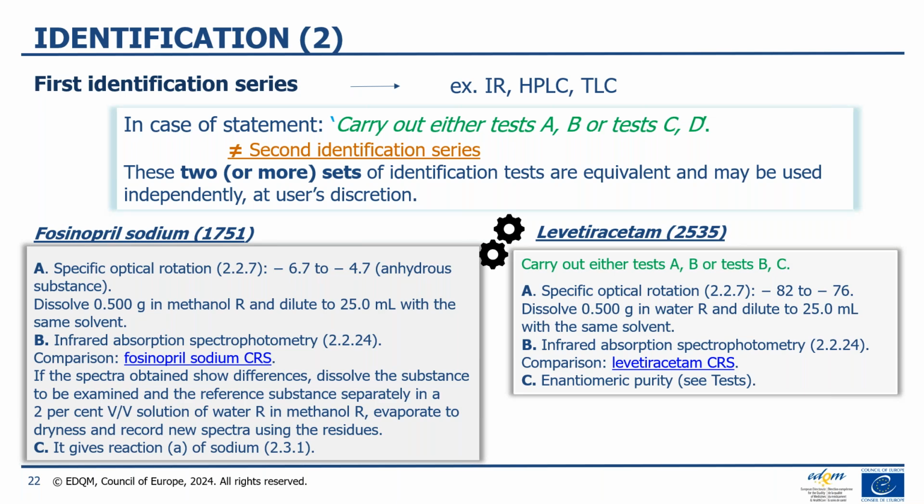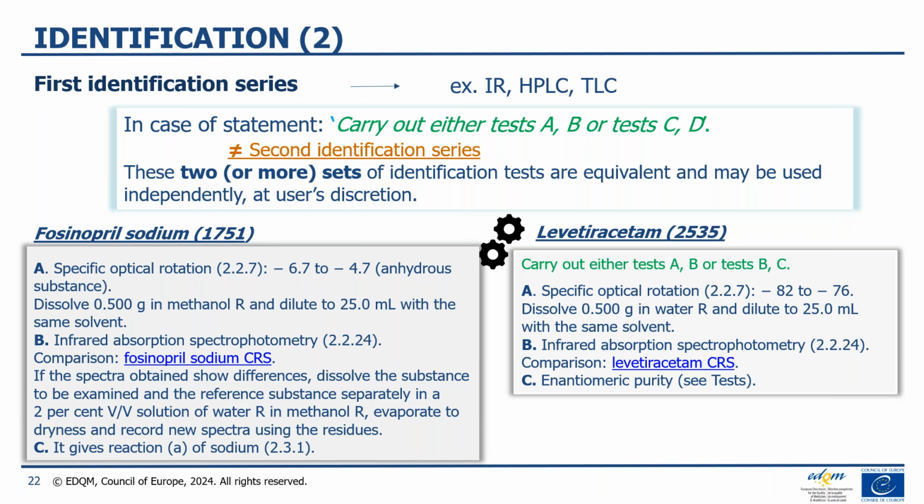It contains tests such as infrared, HPLC or TLC. In some monographs, you may find the statement: carry out either tests A and B or test C and D. Please do not mix this statement with the second identification. Those two sets of identifications given in the first series are equivalent and may be used independently.